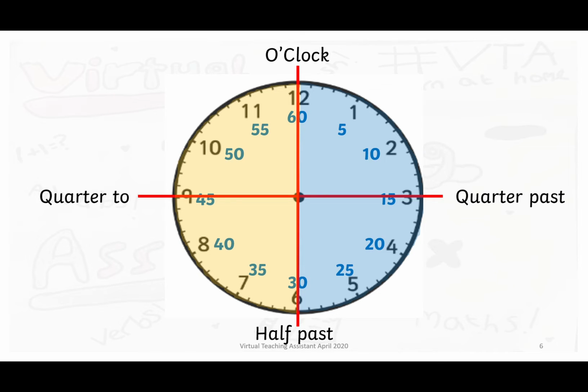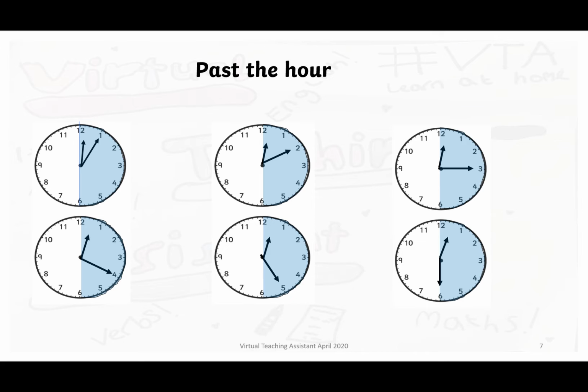Okay, now let's look at just past the hour, and you can see I've only got them past the hour here. So based on what I've just said, let's count how many minutes this is, and remember we count in 5s, so it's 5 past 12.